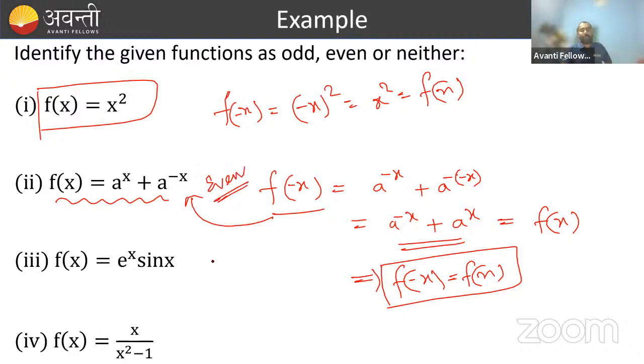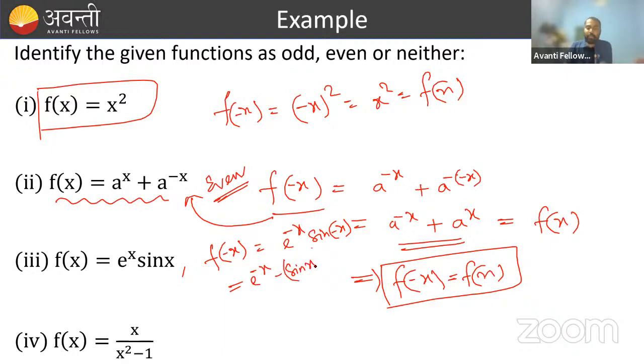Clear? Third function, is it even or odd? e to the power x sin x. If we put minus x in place of x, we get e to the power minus x into sine of minus x, right? So e to the power minus x stays as it is, and sine of minus x is minus of sine x.